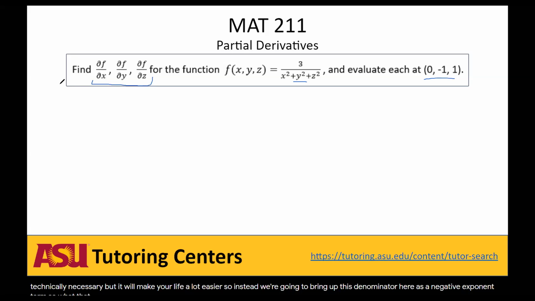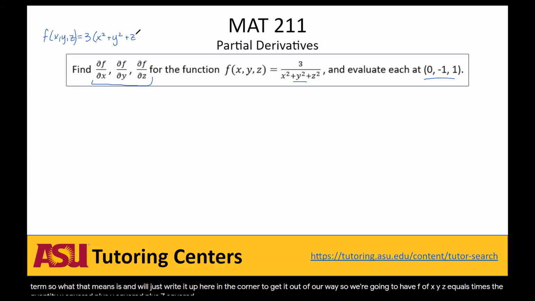So what that means is, and we'll just write it up here in the corner to get it out of our way, we're going to have f of x, y, z equals 3 times the quantity x squared plus y squared plus z squared to the -1 power. So that this guy here is equivalent to this guy here.